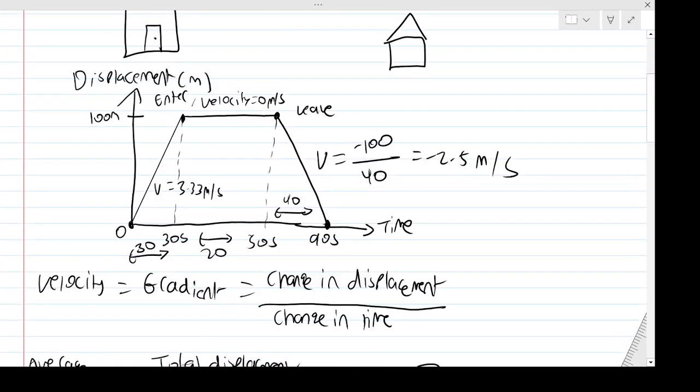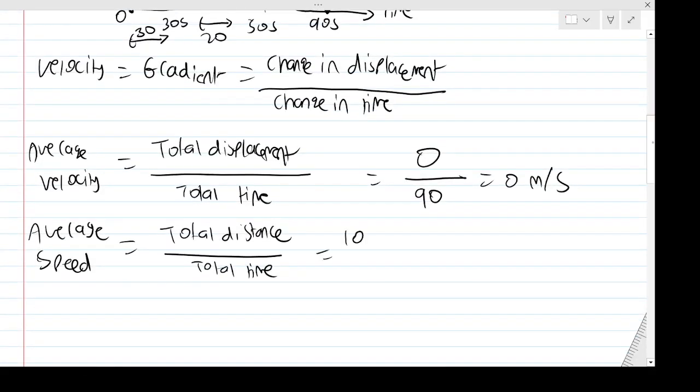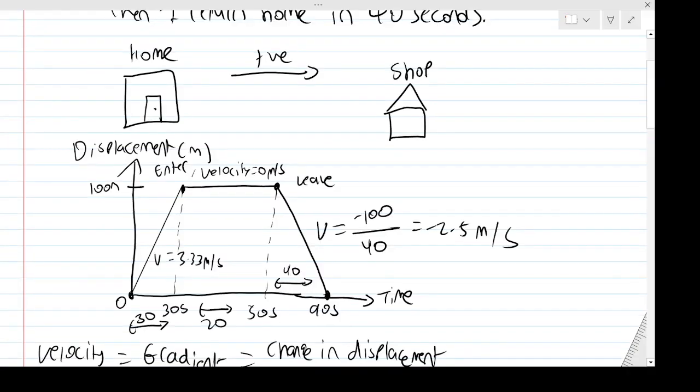So to work that out, we can just consider each individual part. From the first part here, he walked 100 meters, right? So the distance is 100. Now, for the second part here, the flat part, he's not walked anywhere. He's been in the shop the whole time. So there's no distance travelled.